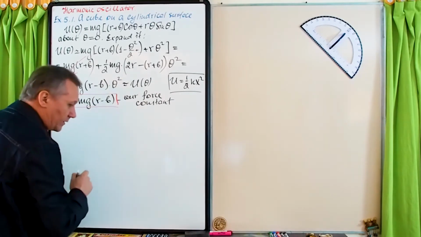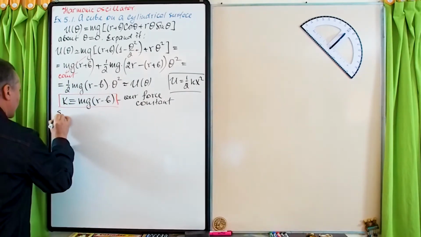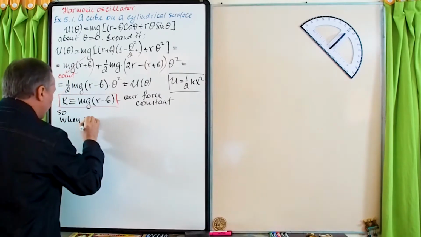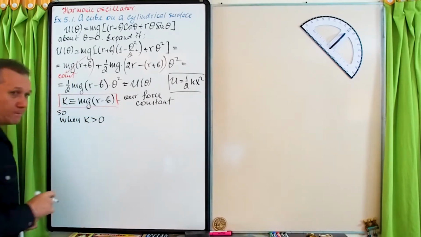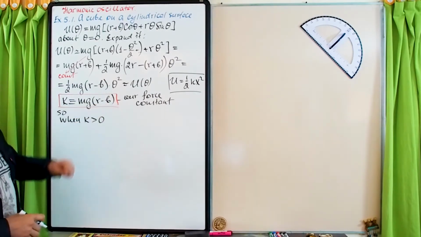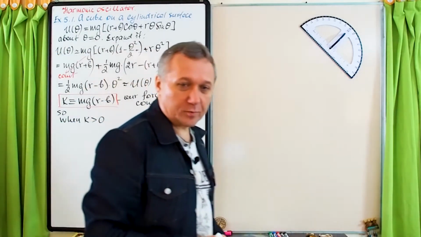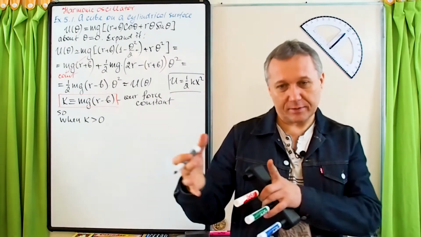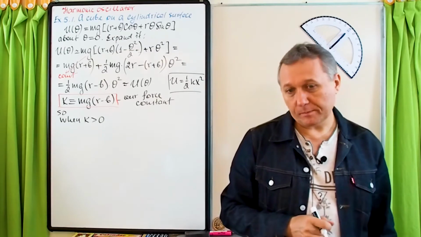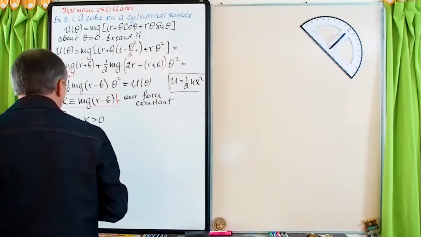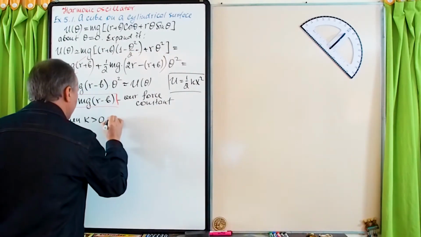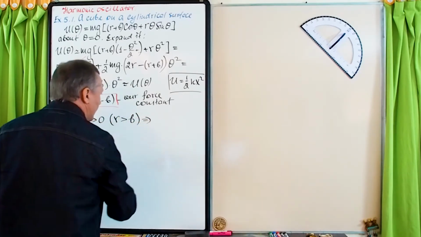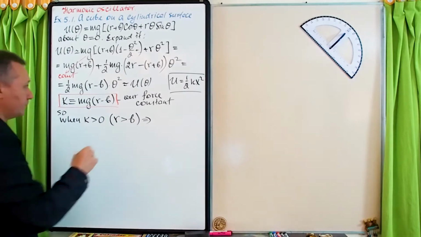I will write it like this: when k is positive and r is larger than b, it means the radius of the cylindrical surface is larger than half the size of the cube. In that case the system is stable.